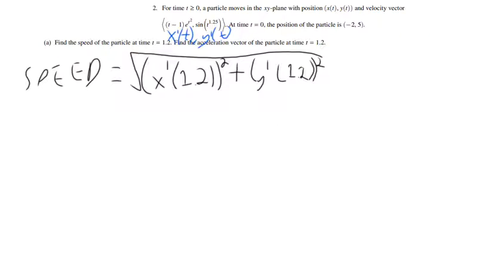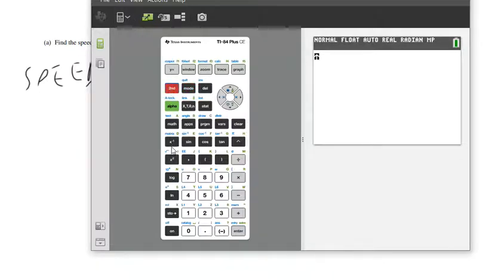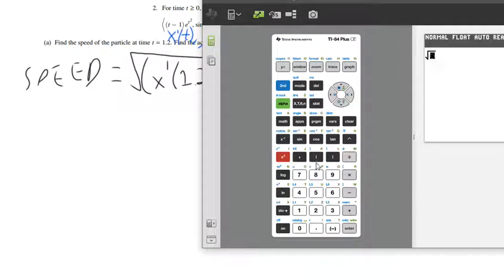We're going to do a square root, and we're plugging this in here, so let's open a parentheses. We have 1.2 minus 1 is 0.2 times e to the 1.2 squared. And this is our x prime of 1.2, so we have to square that. And then we have to add it with y prime of 1.2.